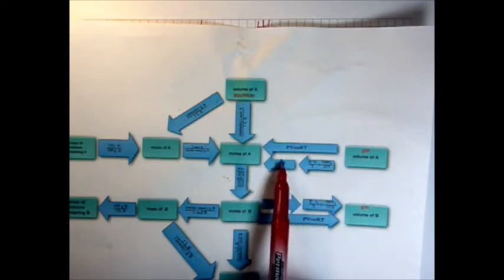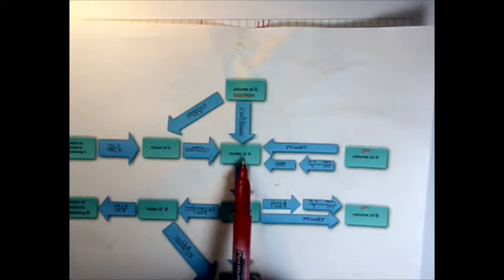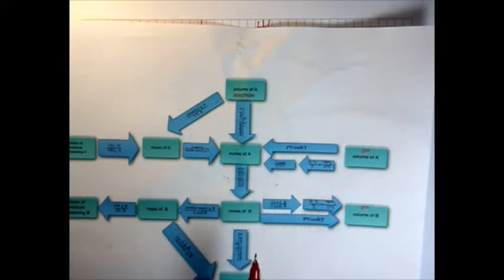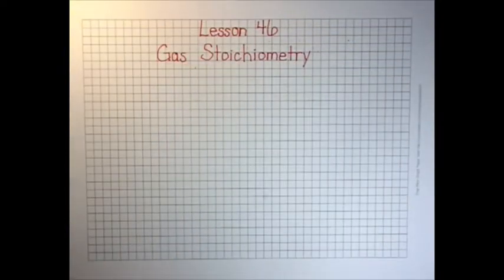So you would have to use the combined gas law to convert to STP, and then use the molar volume and dimensional analysis to convert that into moles of A, and then you can proceed from there. You will get the same answer either way. I promise. It works. So there's really not much to do here except maybe work an example.